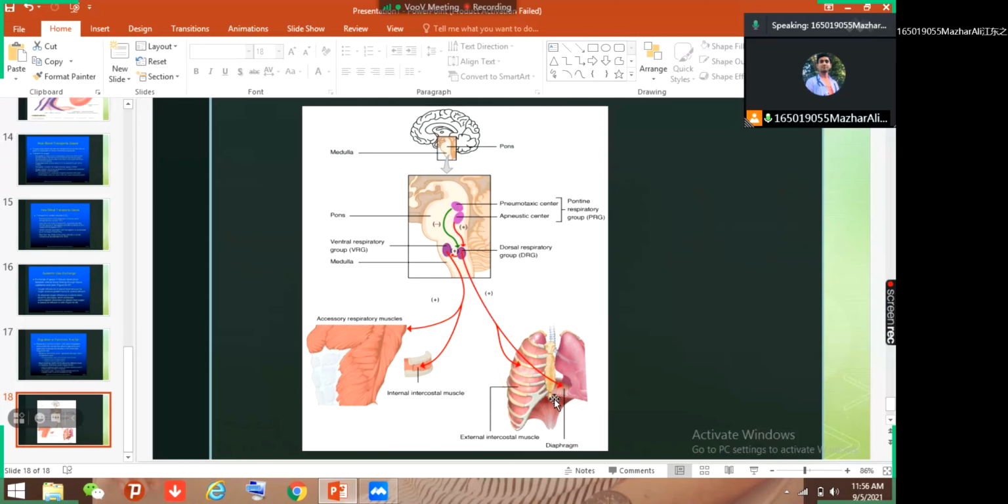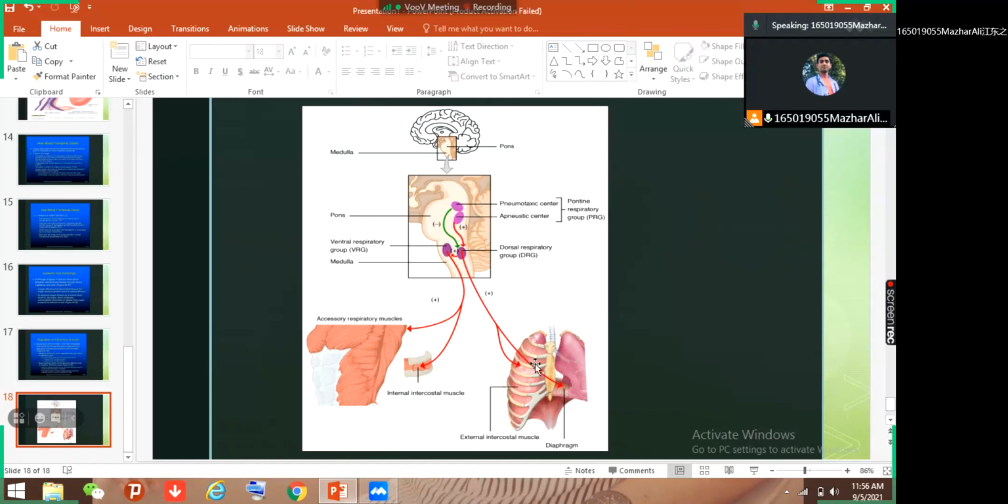These two actions increase thoracic volume and cause contraction of the diaphragm. So this is how inspiration takes place, due to the dorsal respiratory group, which you can also call the inspiratory group. So the apneustic center leads to the inspiratory group and inspiratory muscles.